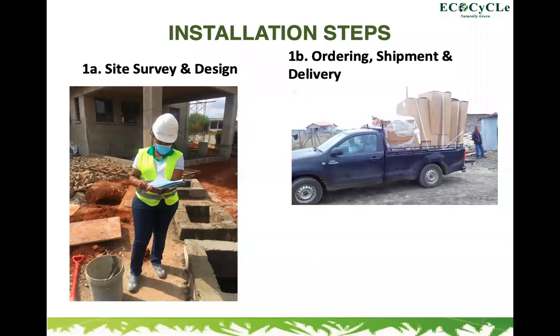And like I mentioned, please have it at the back of your minds that at EcoCycle, we really, really treasure safety. So anytime we go to site, we always have to be dressed in the right attire. Yeah, so the next step after we have done the site survey, as the client starts building the tank, then for EcoCycle, we begin with the ordering process. As you know, we have our manufacturers and producers back in Germany.